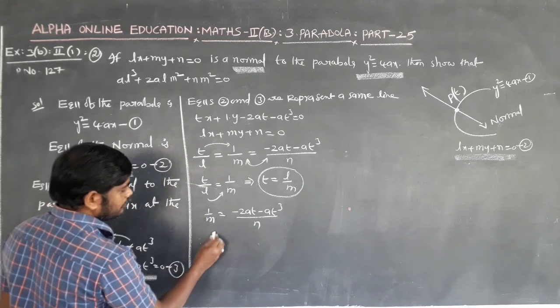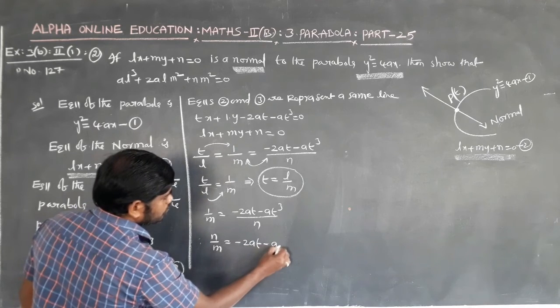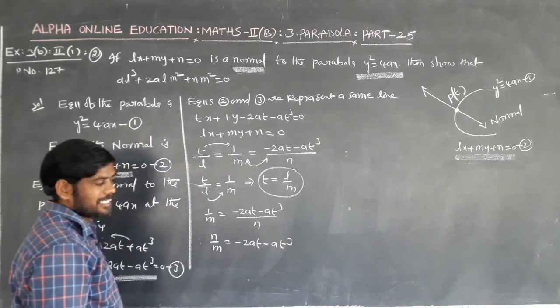Equating second and third, 1/m = (-2at - at³)/n. Taking n to the left side, n/m = -2at - at³.